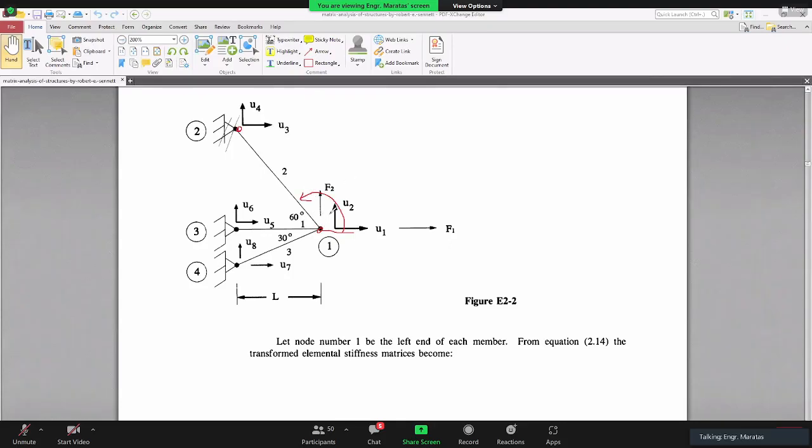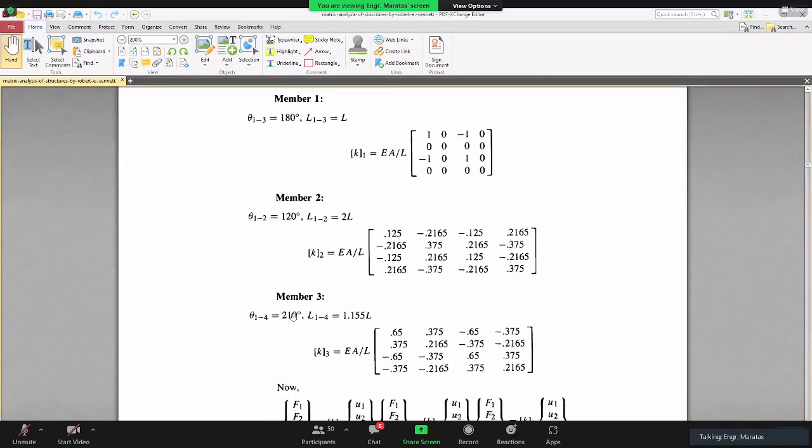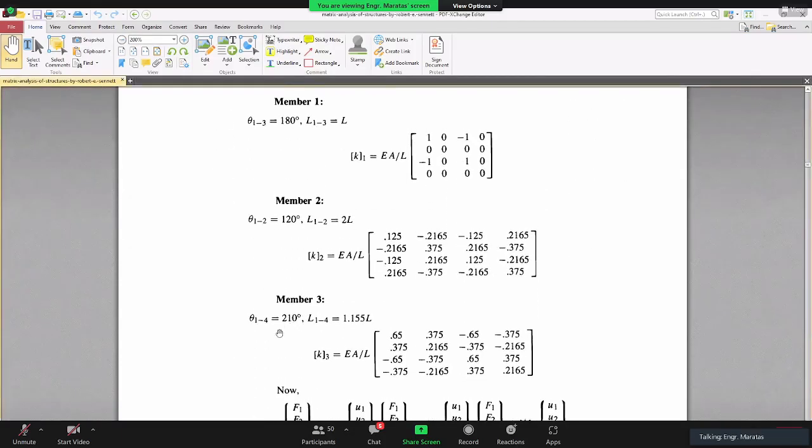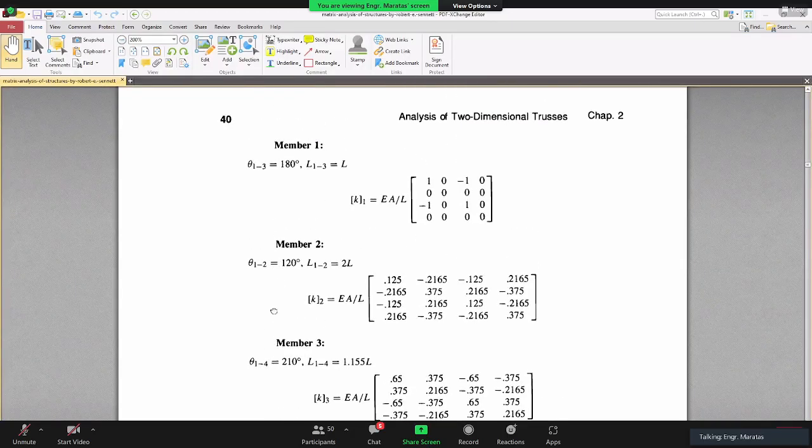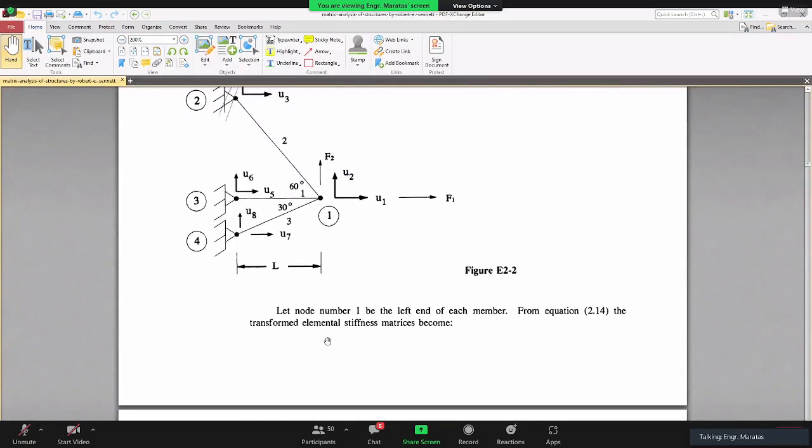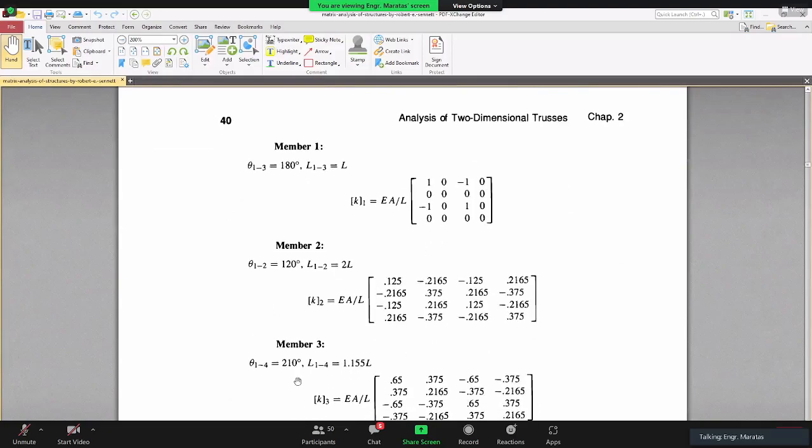That's 120 degrees: 90 plus this 30 degrees here. And for member 3, it's 210 degrees, from 1 to 4. That's 180 plus 30, which is 210 degrees.